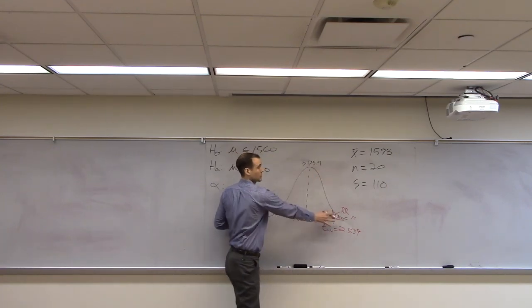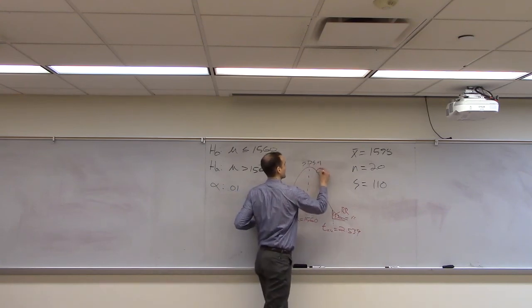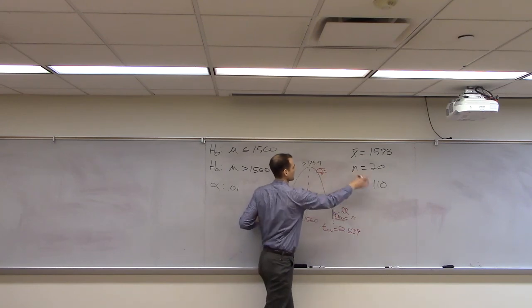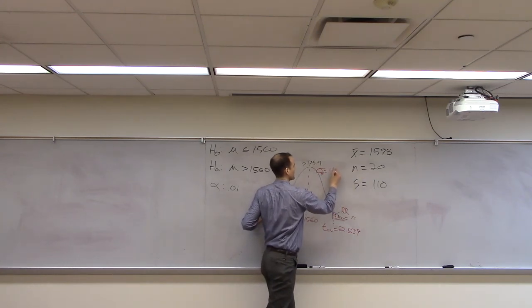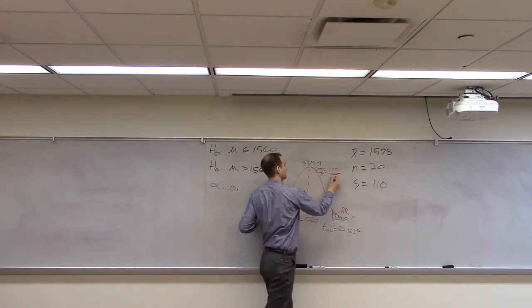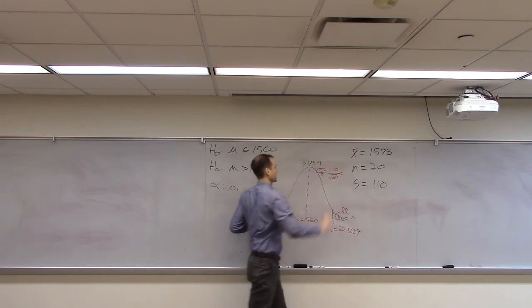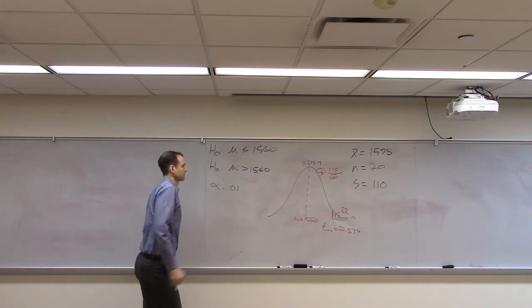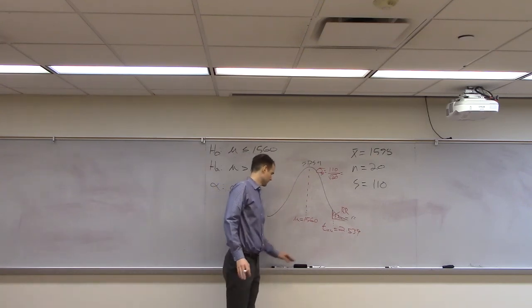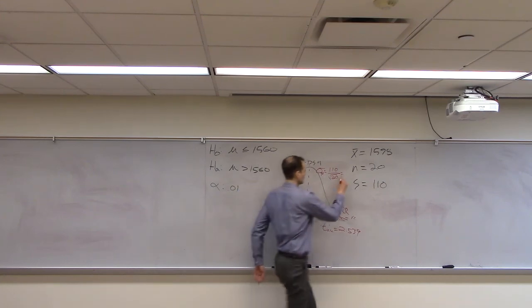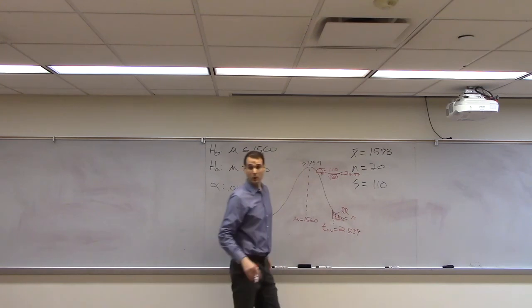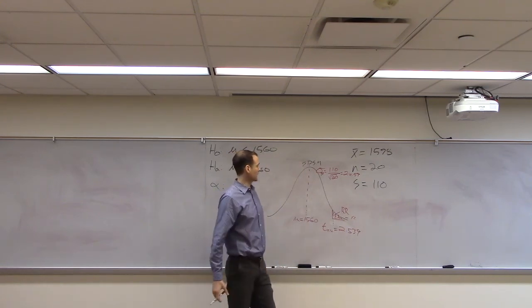On this sampling distribution of the sample mean, the standard deviation of the sampling distribution of the sample mean equals 110 divided by the square root of the sample size, which was 20. And what does that come out to? 24.59. Fantastic.